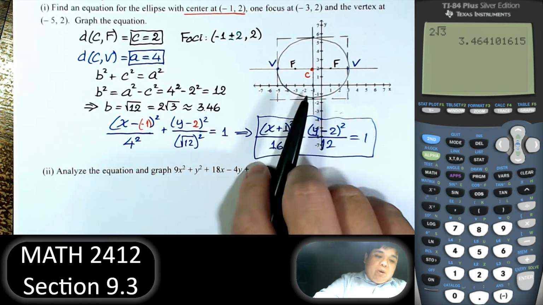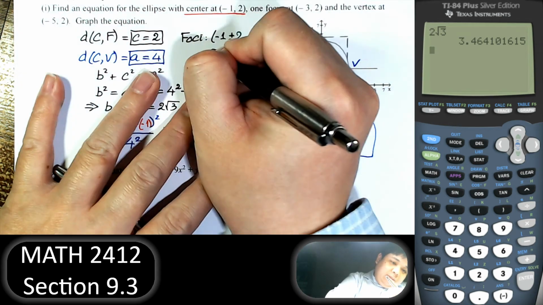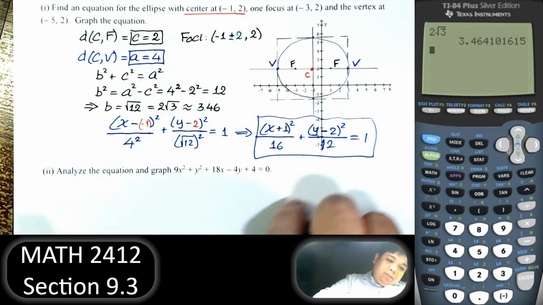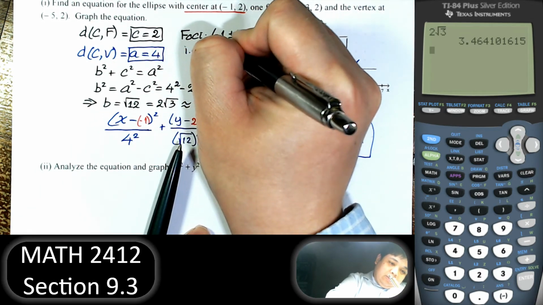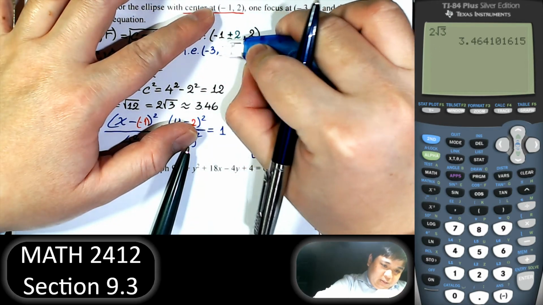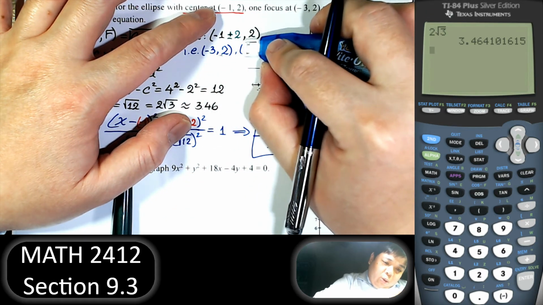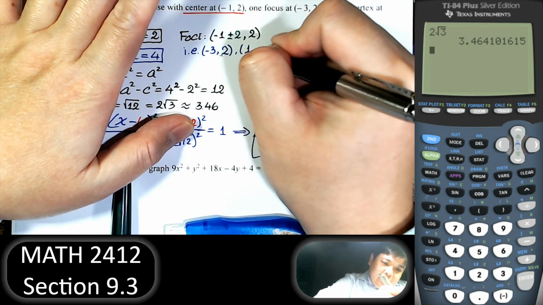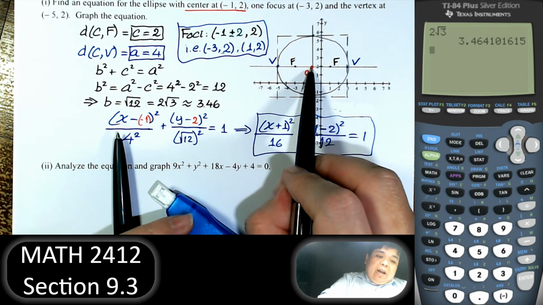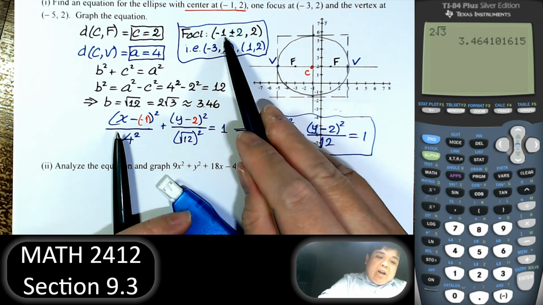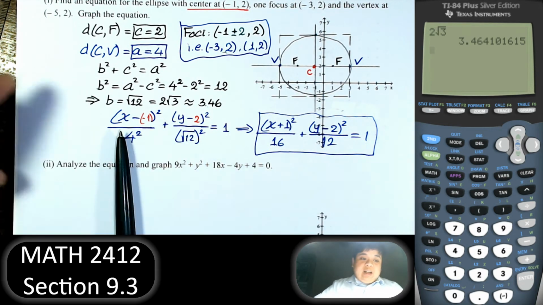That gives us the foci. -1, 2 units to the left and 2 units to the right. 2 units to the left gives us -3 and 2. 2 units to the right, 1 and 2. So that gives us the foci.